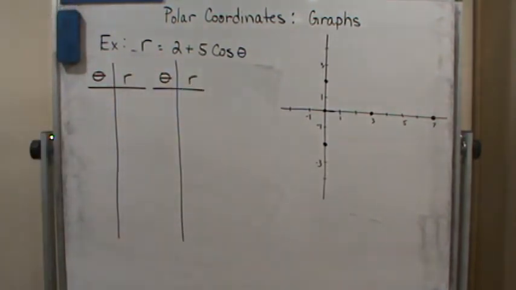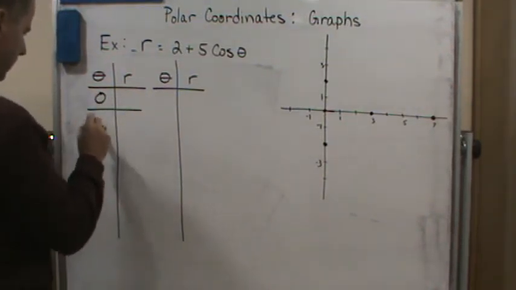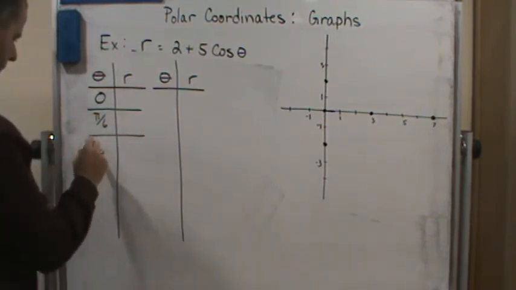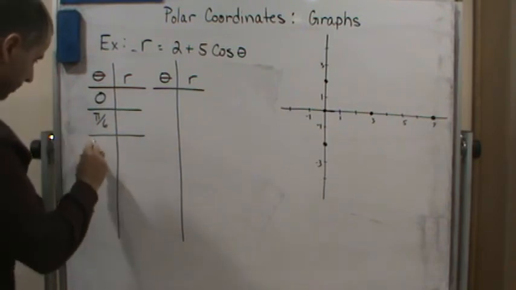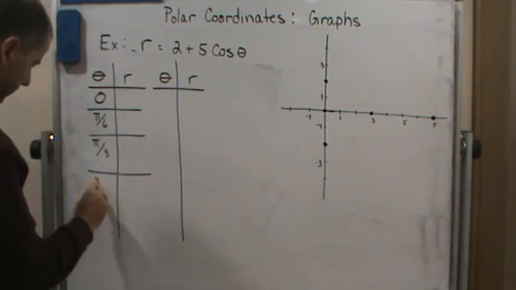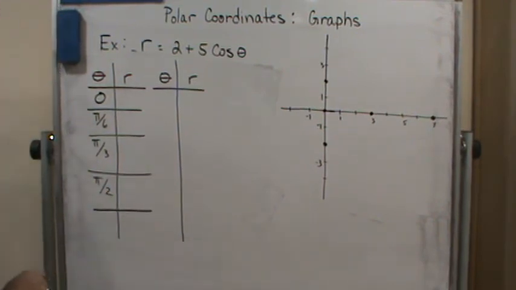Let's start with the common angles. So we're going to go with, of course, 0, pi over 6, pi over 3, pi over 2, right?